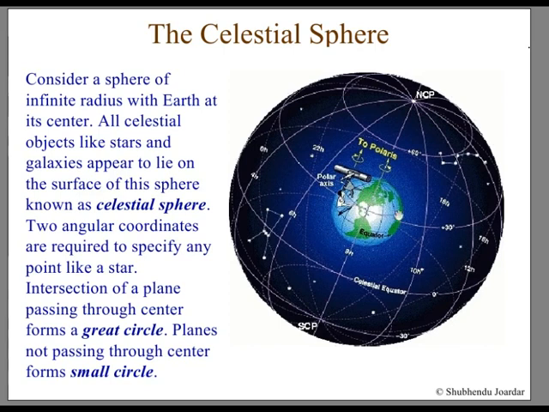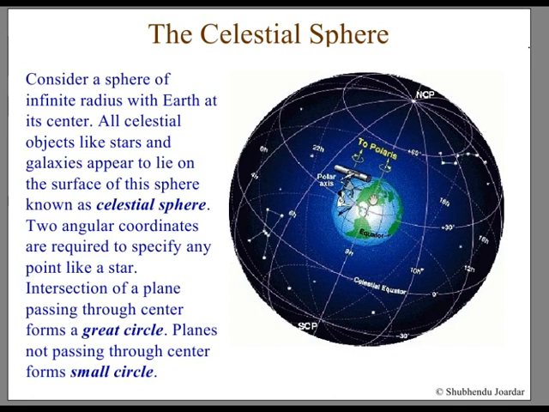So this is our Earth here, and if you see the sky from the Earth, you can consider it as a shell. And this shell has got almost infinite radius. The radius from the center of the Earth to the shell, you can consider it as infinite. So you can consider the entire sky to be a shell-like object enclosing our Earth.